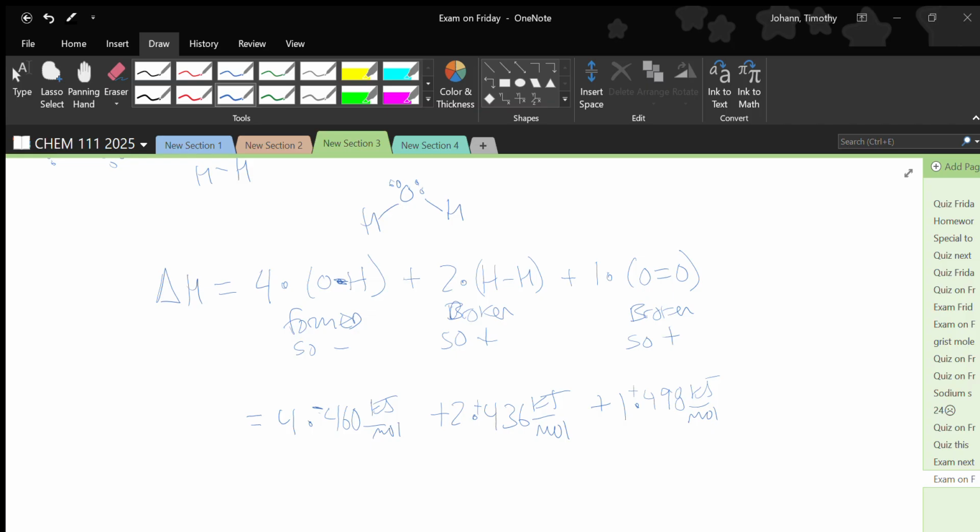And I get negative 470. Okay. So our enthalpy here, how much heat is given off, is 470 kilojoules per mole. Is that what other people got?